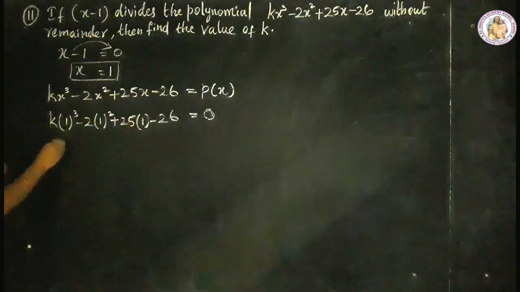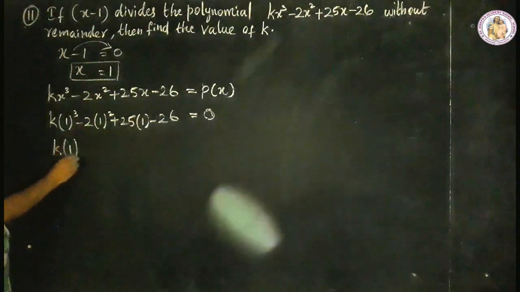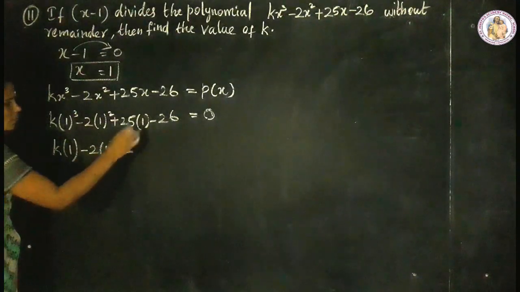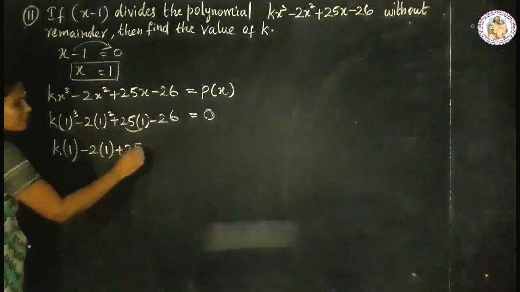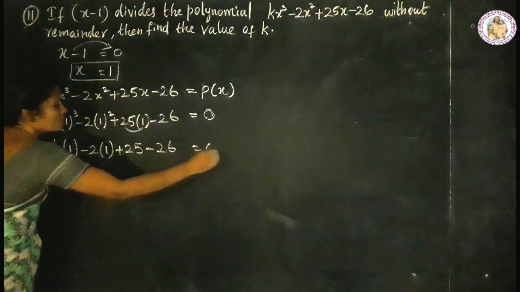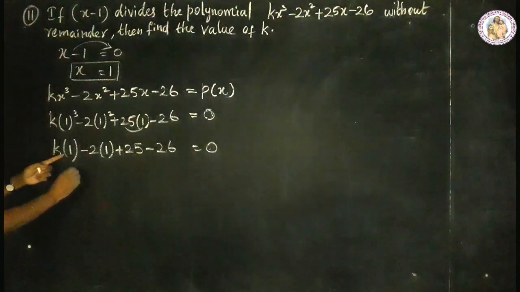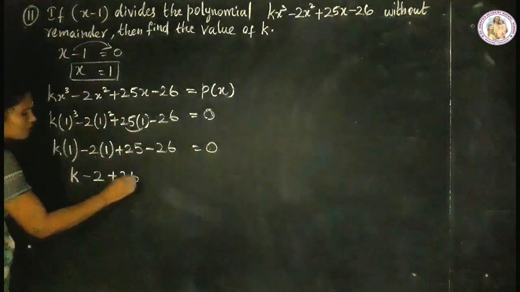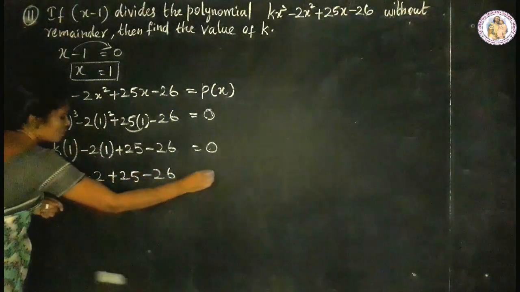Now in the place of x apply 1: k into 1 cube minus 2 into 1 square plus 25 into 1 minus 26. So k, 1 into 1 into 1 is 1, minus 2, 1 into 1 is 1, plus 25 ones are 25 minus 26 is equal to 0. And 1 into k minus 1 2s are 2 plus 25 minus 26 is equal to 0.